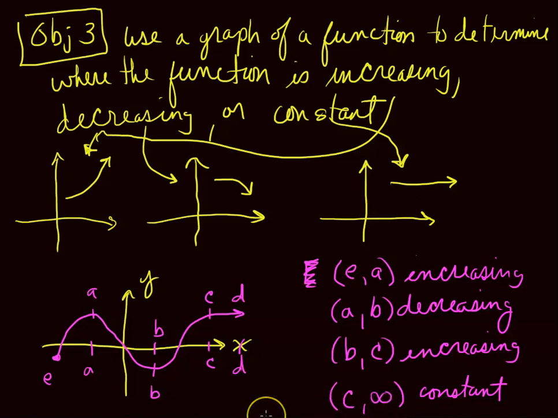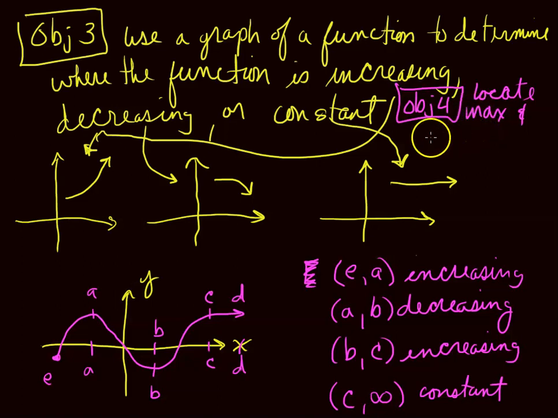Now I'm going to squeeze in here a max and min idea, which is objective 4. We're going to locate max and min from a graph. If we go to this graph over here, A, B, C, D, E, where are the maximums?